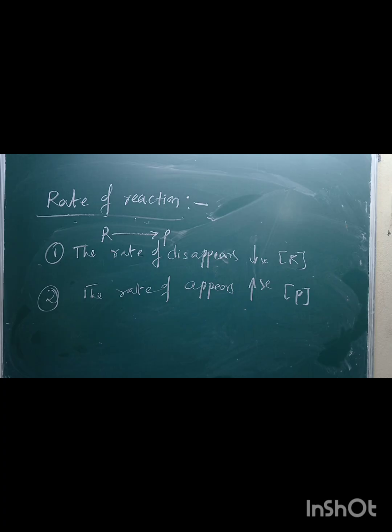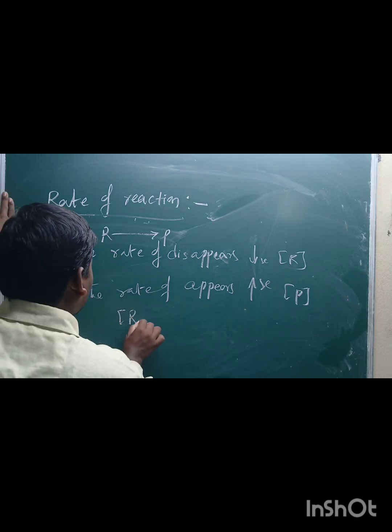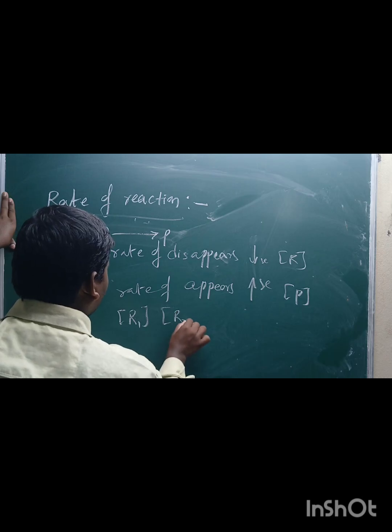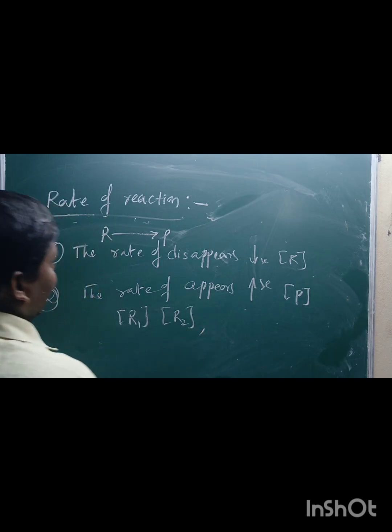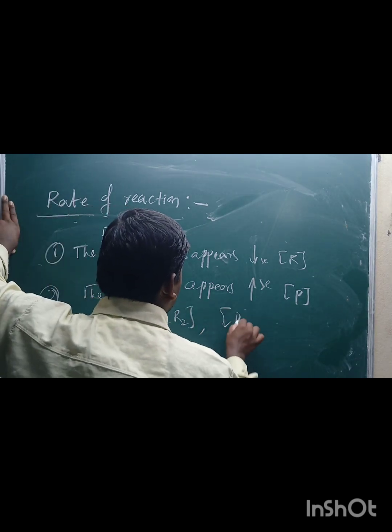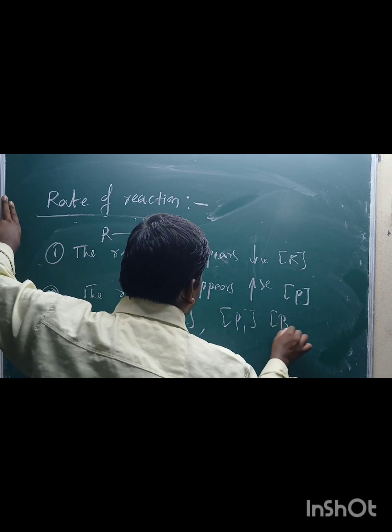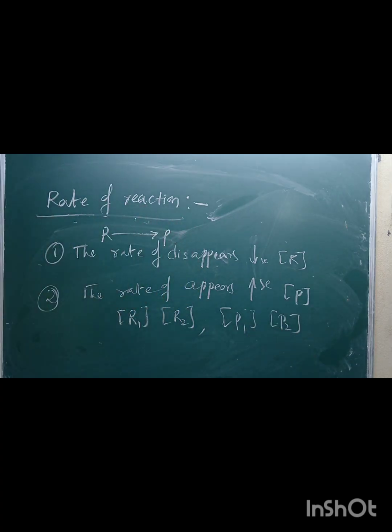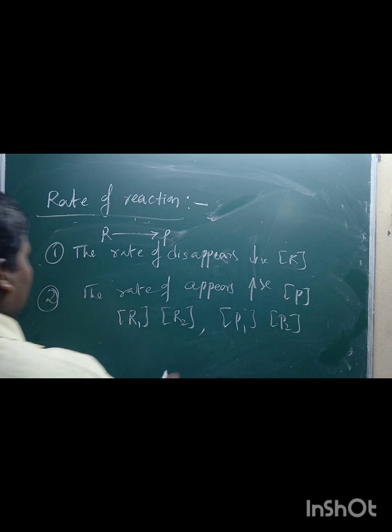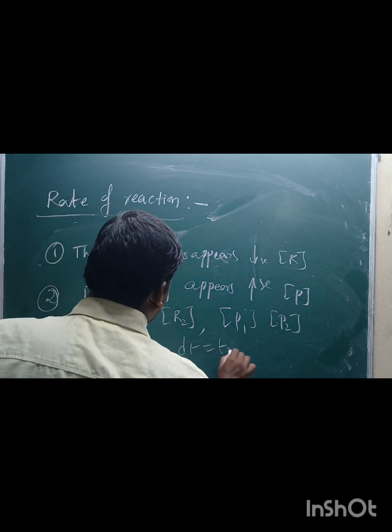For example, now I am taking here concentration of R1 and concentration of R2 as the reactants, and concentration of product P1 and concentration of product P2. Their changes: delta t is nothing but t2 minus t1.